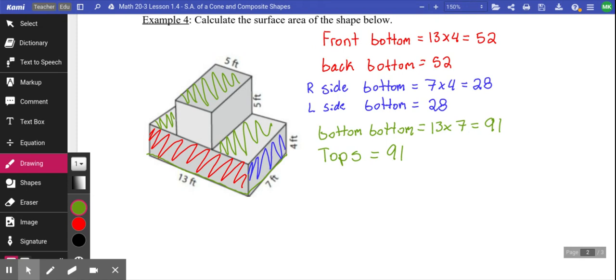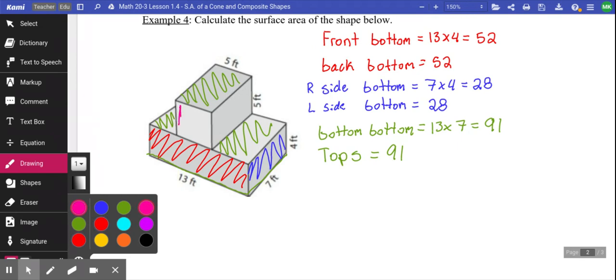If we're looking at our top shape now, we still have some sides that we haven't covered. So I've got the front of the top, which would be 25. That means the back of the top would be the same.